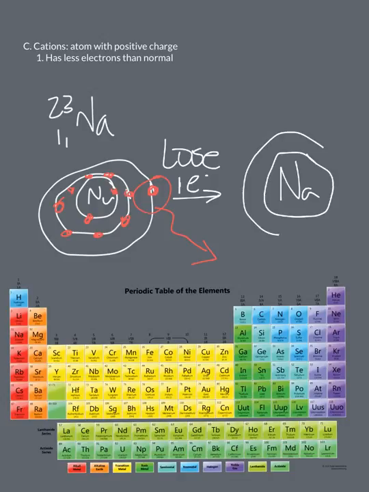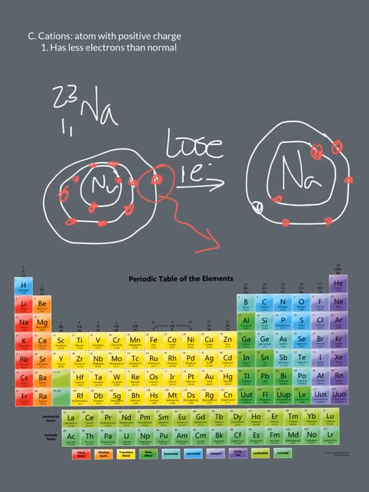And it loses that third shell because there's no electrons in it. And so sodium has 1, 2 in the first. 1, 2, 3, 4, 5, 6, 7, 8. And now it's a full shell, which makes it happy.